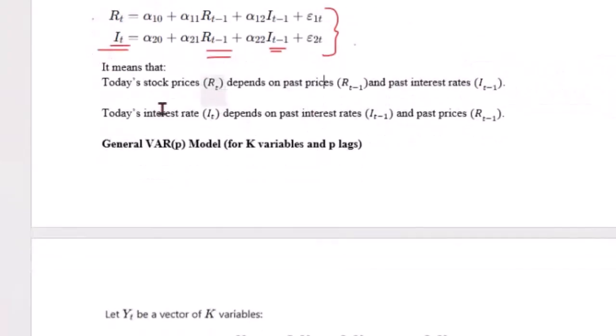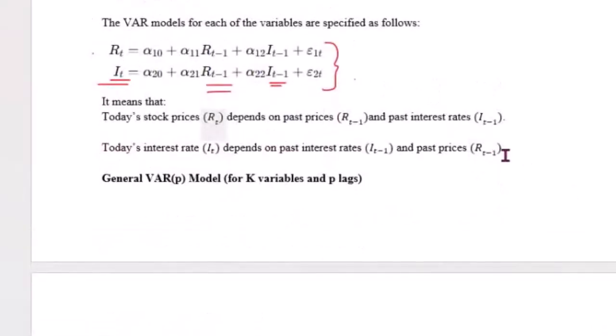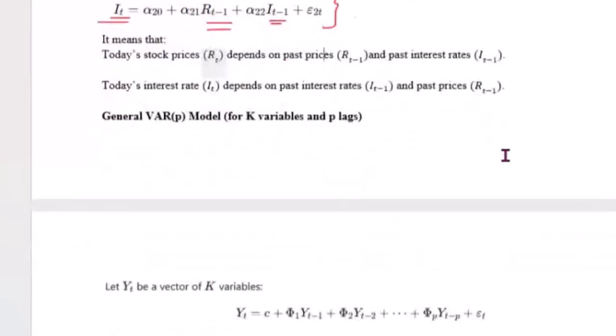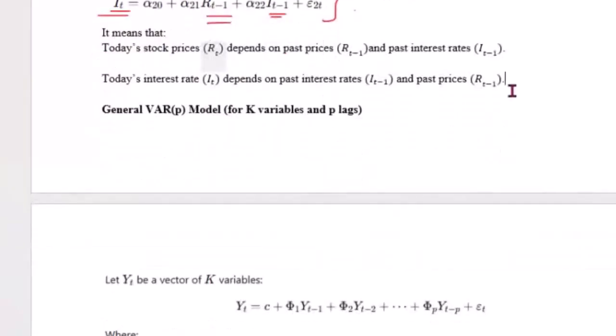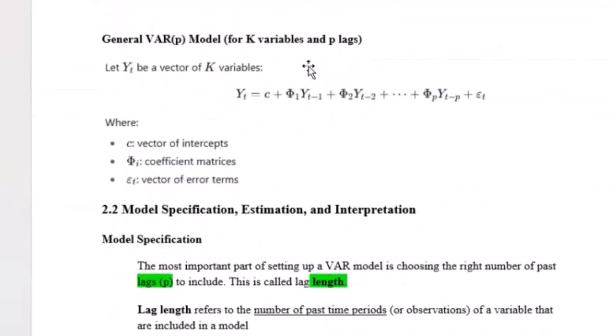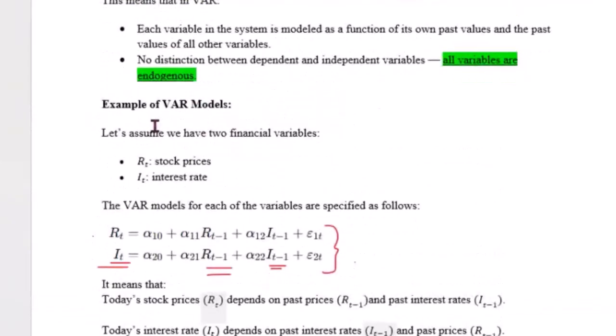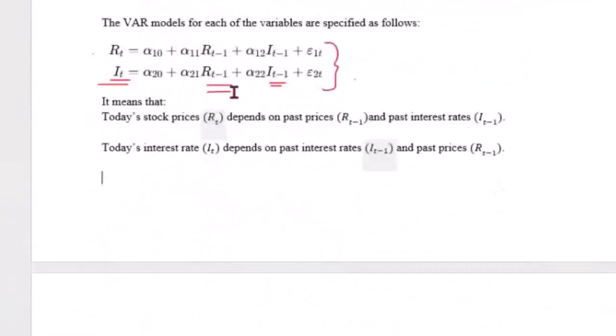In the same way, today's interest rate IT depends on the past interest rates IT minus 1, IT minus 2, etc., and the past stock prices RT minus 1, RT minus 2, etc. This is a case example in which we have two variables, stock prices and interest rate.